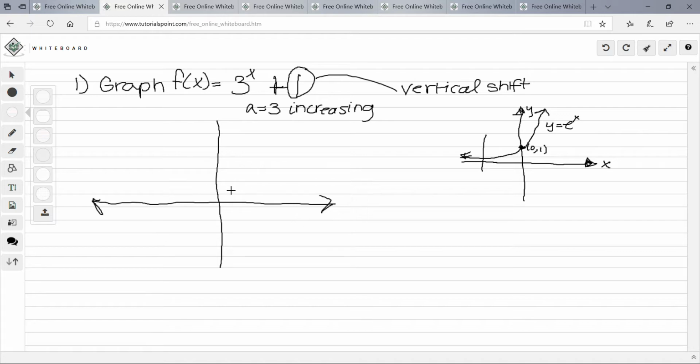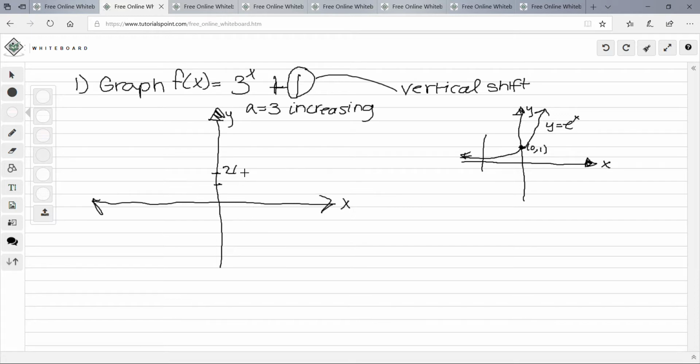Instead of the y-intercept of (0, 1), it's going to be (0, 2), right? But it has the same style as the e^x graph. The only difference is the y-intercept is a little different.